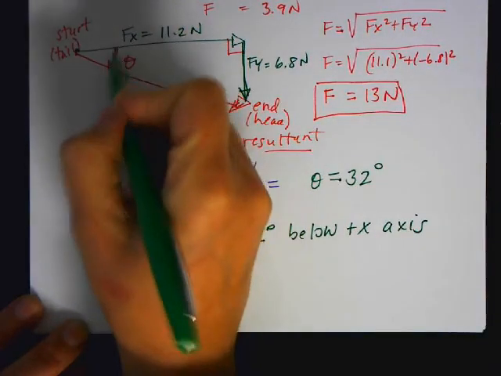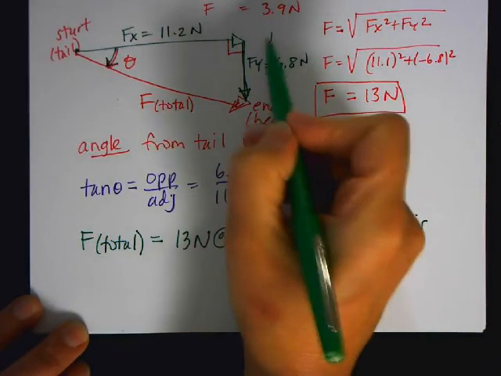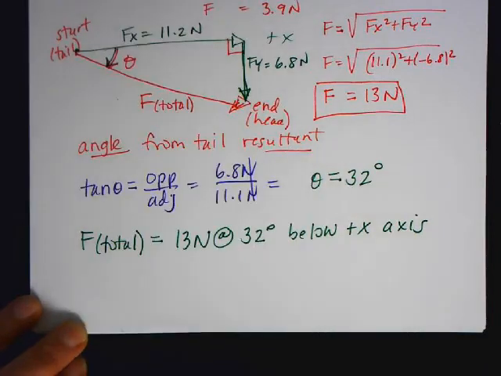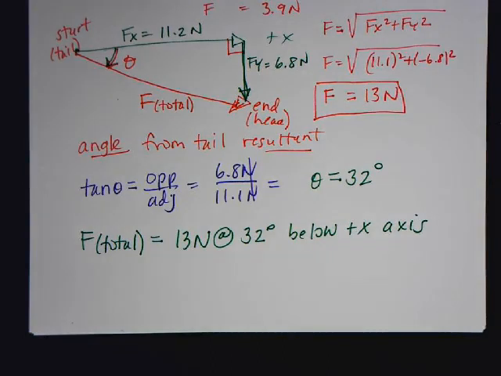Because that's our frame of reference. This is the positive x-axis, and I'm measuring that angle below it. Okay? And that's our final answer for this problem. So it was a lot of steps. The math wasn't difficult. You just have to do it step by step by step.